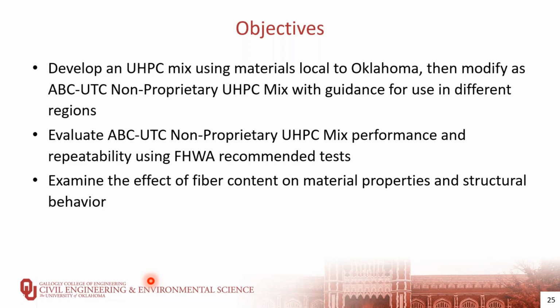Also to evaluate the performance of that mix design, the repeatability using the tests that were recommended by FHWA for UHPC characterization, and then finally to look at the effect of fiber content on the different material properties and structural behavior of this mix design.